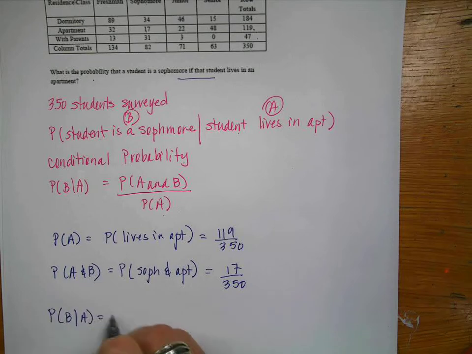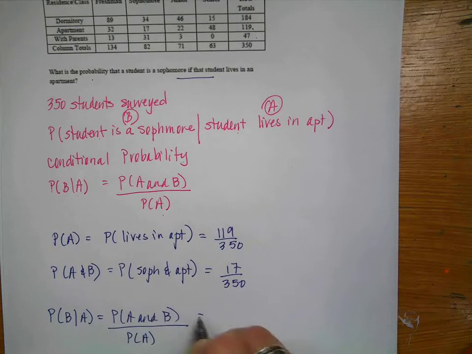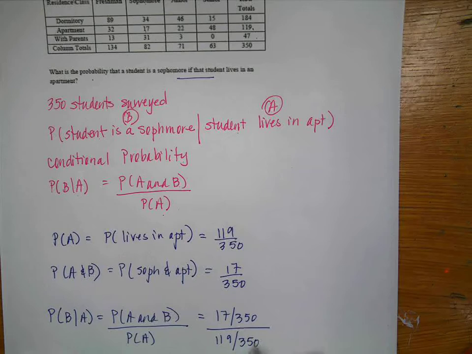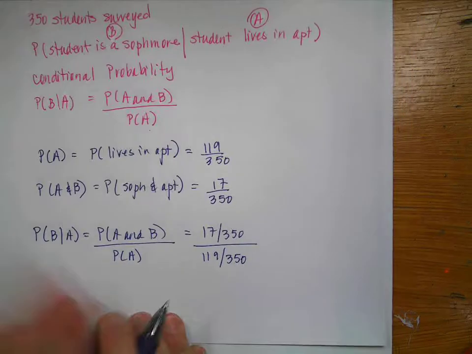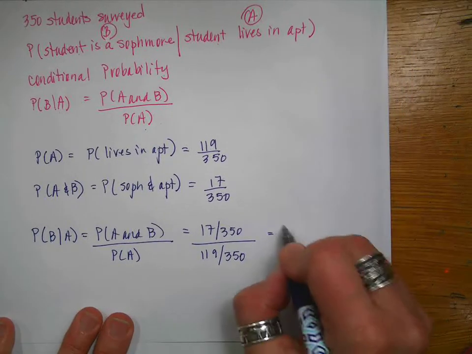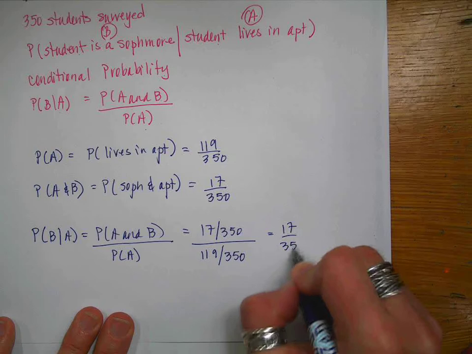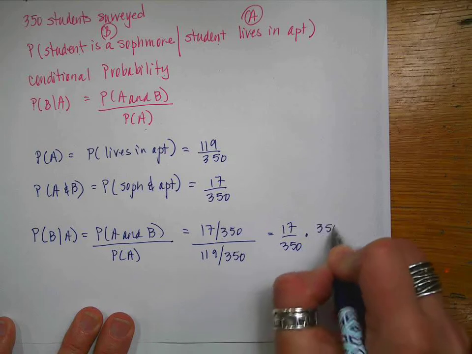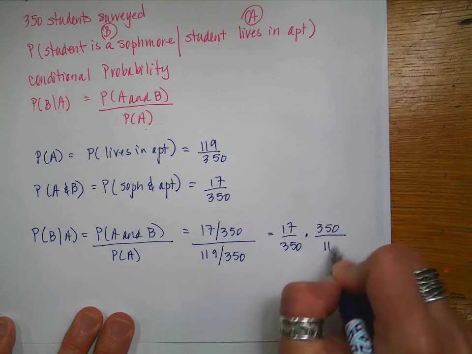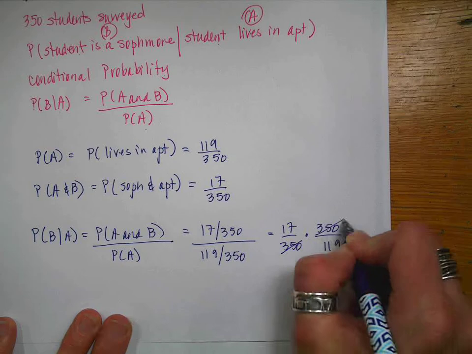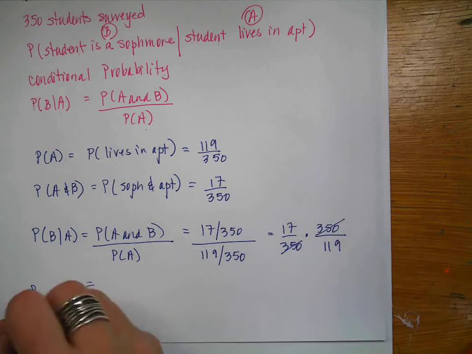So now I'm going to do my calculation. The probability of B given A is the probability of A and B divided by the probability of A. The probability of A and B was 17 out of 350, and we're going to divide it by 119 divided by 350. Remember that a fraction divided by a fraction, I flip the bottom fraction, so this is 350 times 350 over 119.